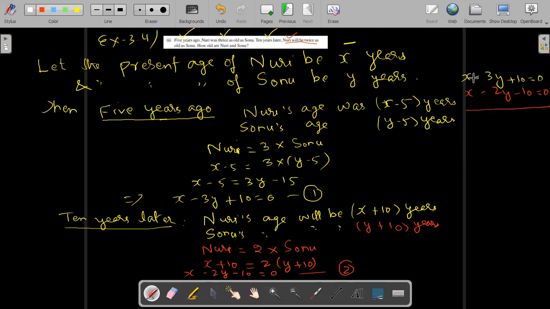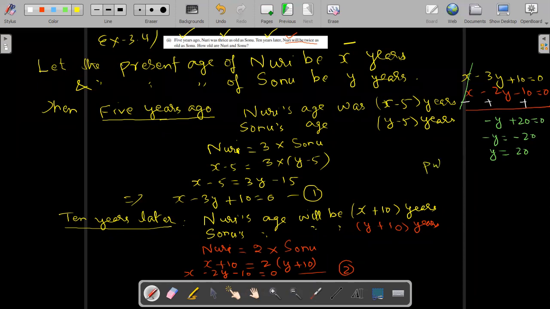Subtract: the x terms cancel. We get minus 3 plus 2, so minus y, and 10 plus 10, plus 20, is equal to 0. Minus y is equal to minus 20. Minus minus cancel, y is equal to 20.